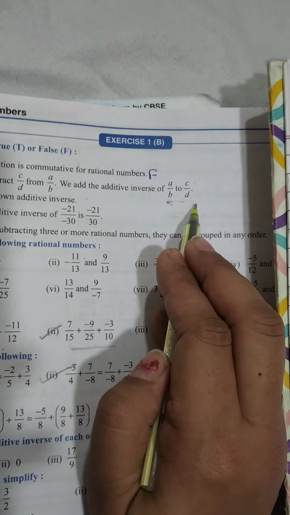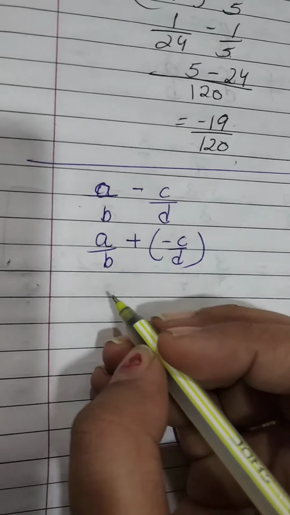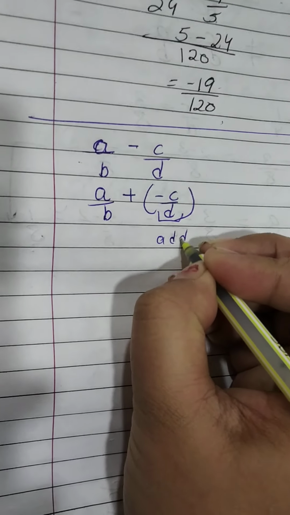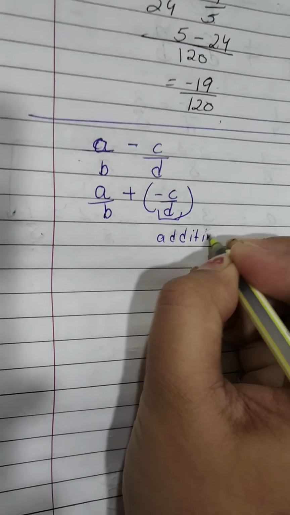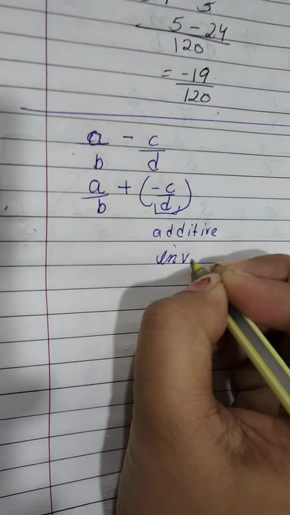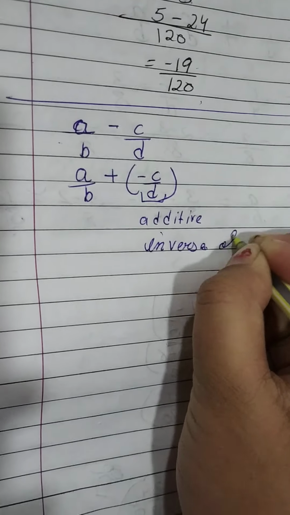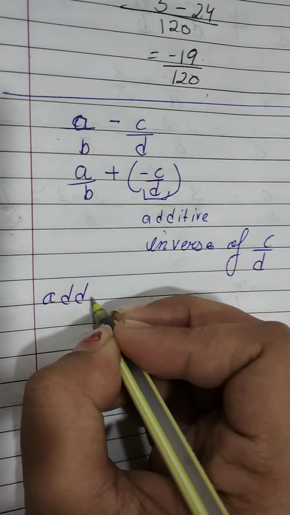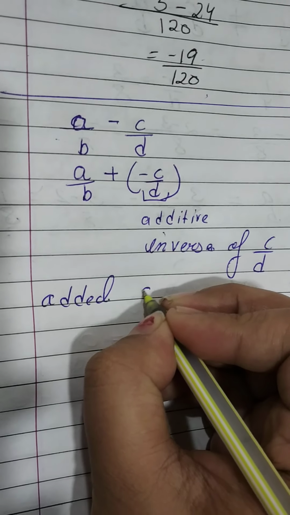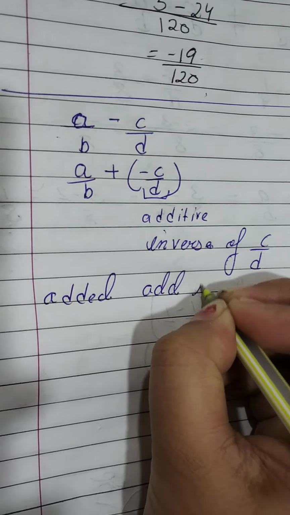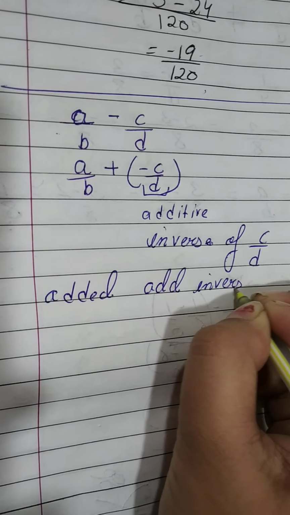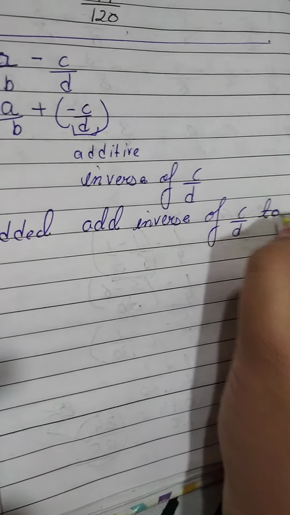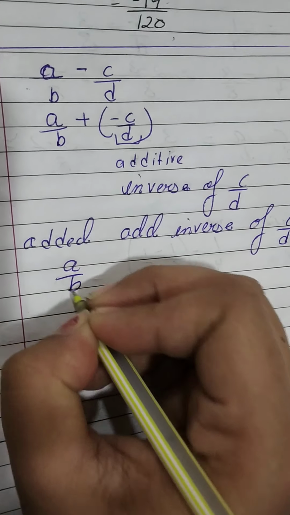A upon B to C upon D. Now if I see here, this is the additive inverse of C upon D. So what I have done, I have added additive inverse of C upon D to A upon B, right?